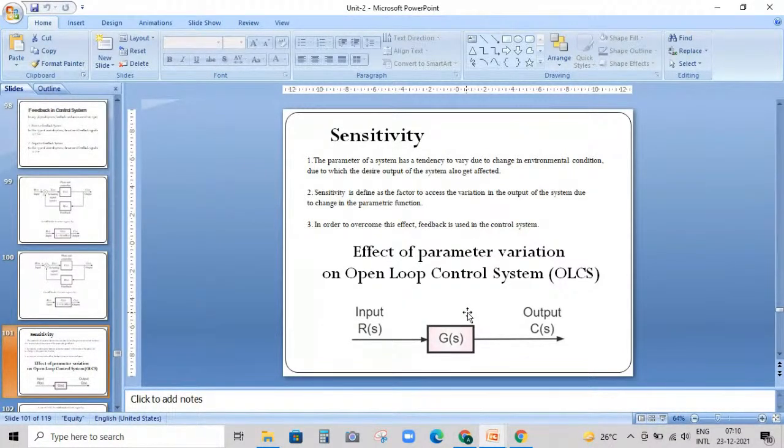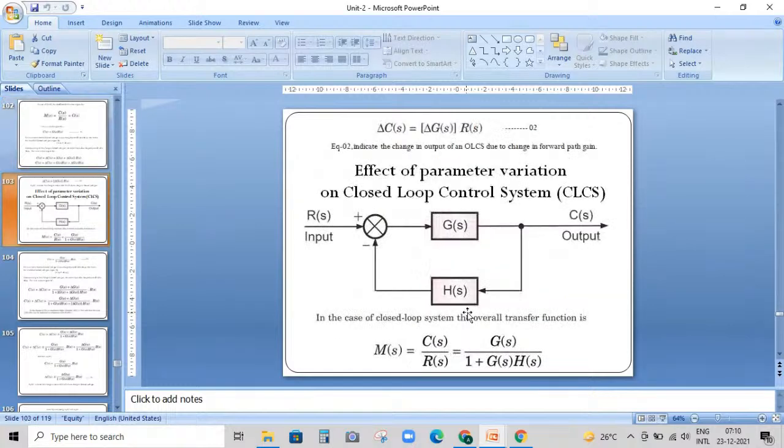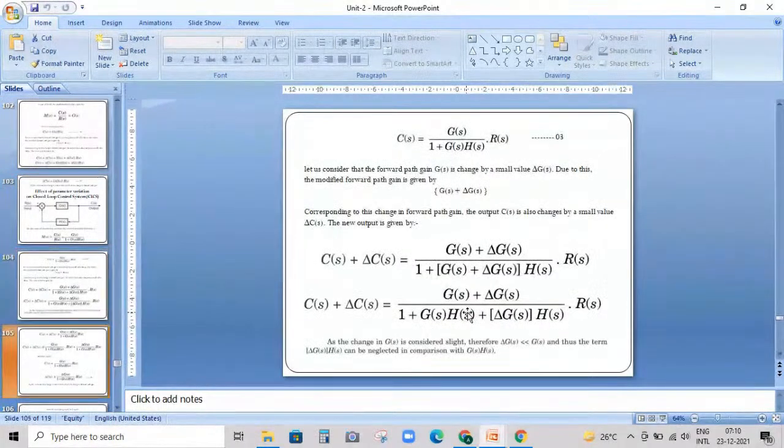How the output of the system is going to vary due to change in the parameter of the system, that we can identify through sensitivity. That is important.